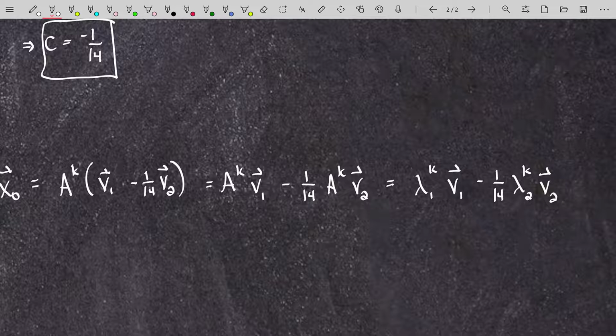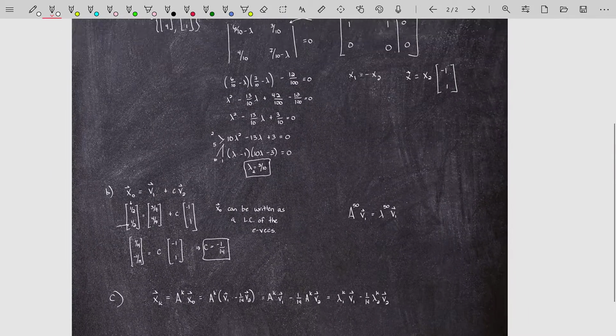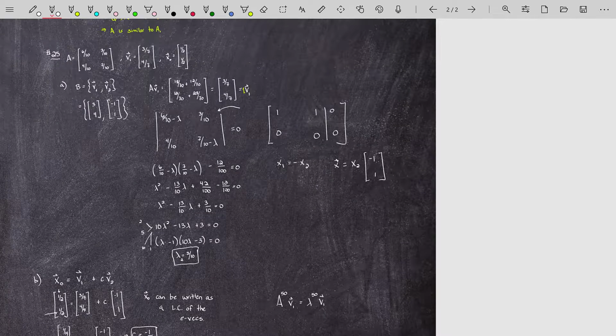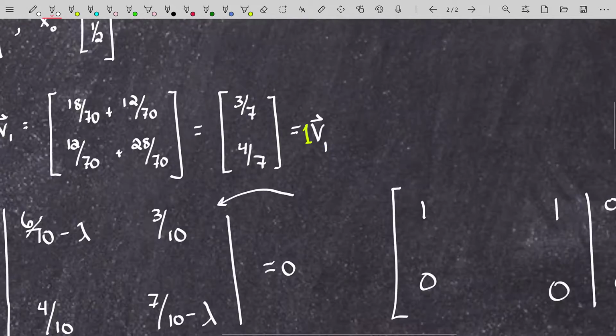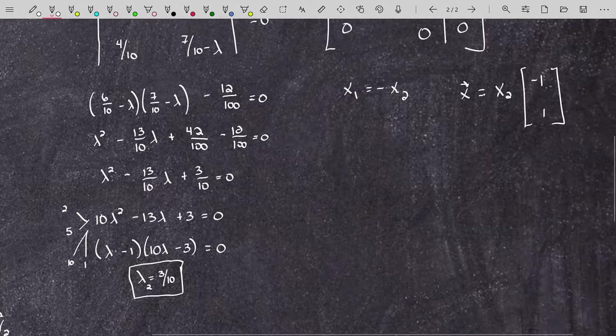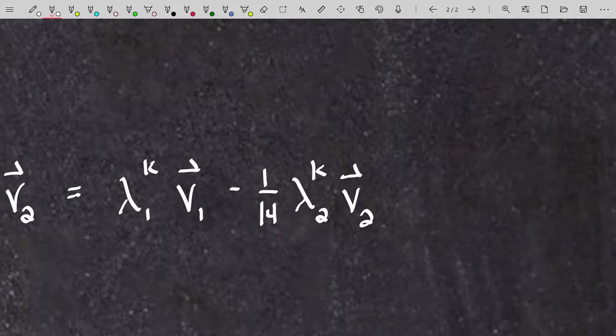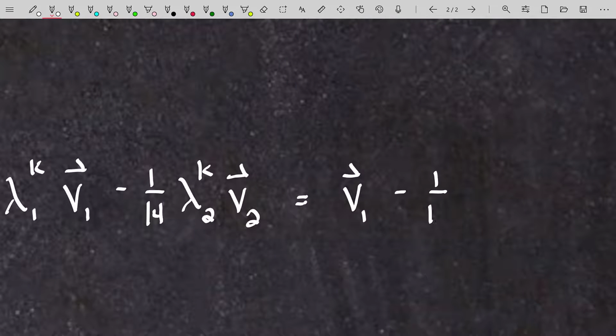And remember, our lambdas are, what are they? Lambda sub 1 was 1, and lambda sub 2 was the ugly one, as I recall, 3/10. There we go. So let's write that in here. This is going to be 1 to the kth power times v sub 1 minus 1/14 times 3/10 to the kth power v sub 2.